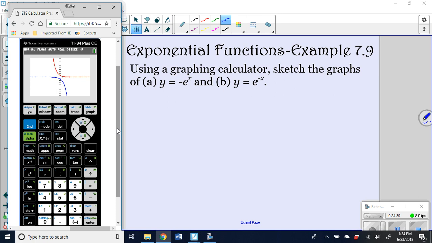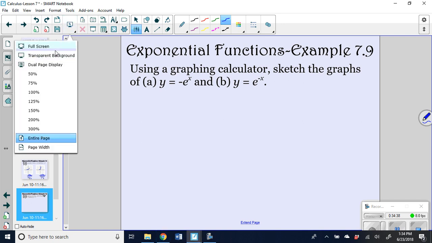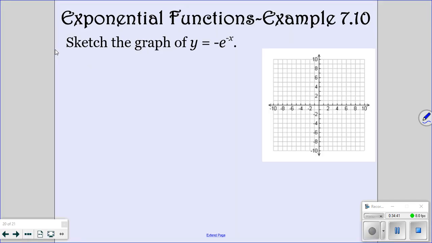So now we're going to do one more example. It asks us to sketch the graph of y equals -e to the -x. So if you're not sure what y equals e to the x looks like, it looks about like that.